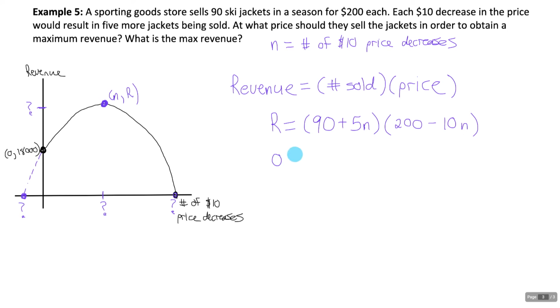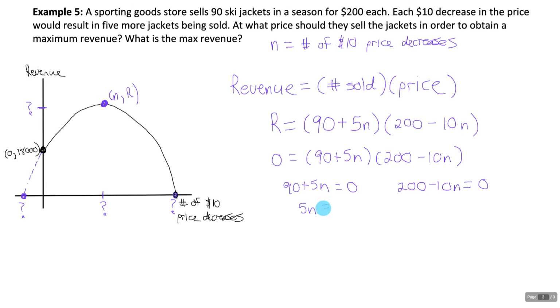I'll set the revenue to 0 and then solve for the values of n, which get me those x-intercepts. A product is 0 if either factor is 0, so let me set both factors to 0, and then I'll solve both of those equations. The first equation, I'll subtract the 90 to the other side, and then divide by 5 to get negative 18.